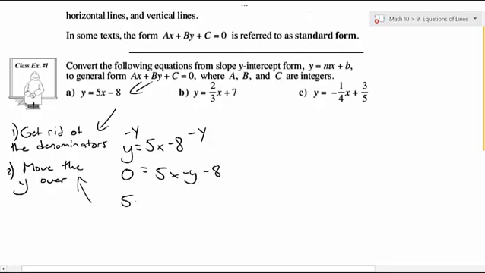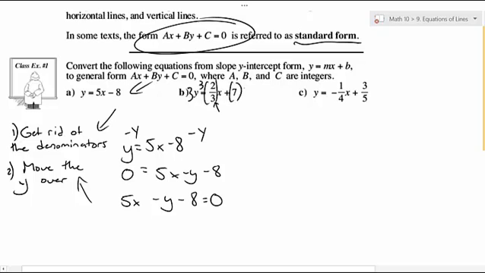So we've got 5x minus y minus 8 equals 0. Do we have it in this form, sometimes called standard form? Yes, we do. All right, let's take a look at letter B. We've got a 3 in the denominator, so what we can do is multiply everything by 3.